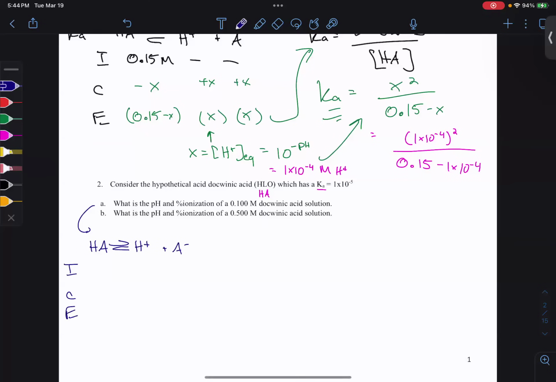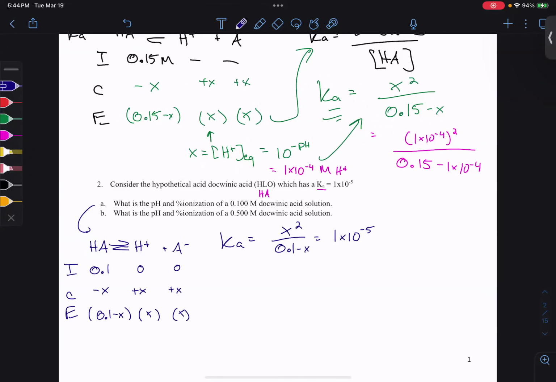We write out our ice table where HA concentration is initially 0.1 molarity, 0 of everything else. This reaction has to move forward, so minus x, plus x, plus x. So at equilibrium, we have 0.1 minus x, x, and x. So we see that Ka equals x squared over 0.1 minus x, and this equals 1 times 10 to the negative 5.